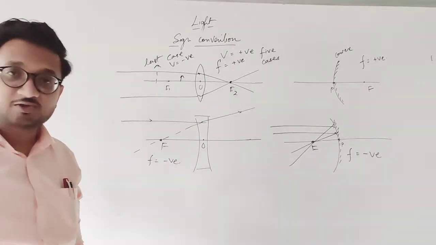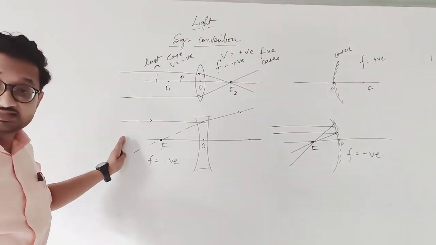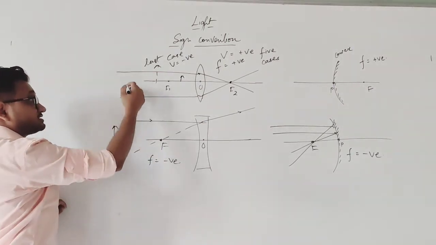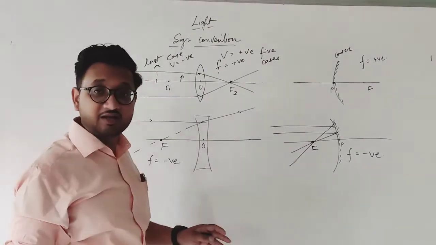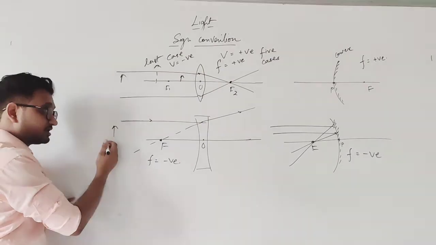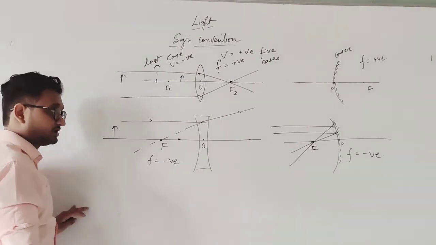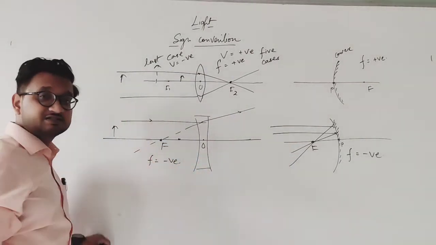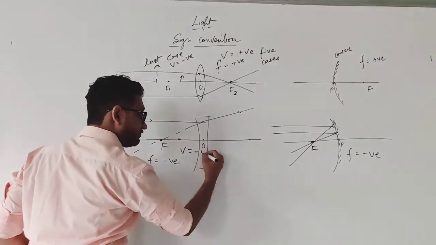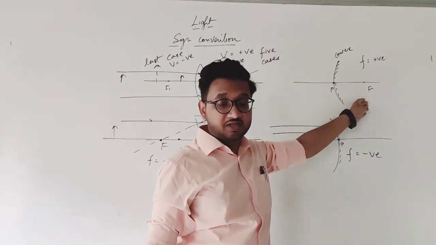I hope it is clear to you, students. And for the concave lens, we know that the object is always on the left hand side, just like for the mirrors and lenses for all the cases. But for this particular case, we know that the image is always between focus and optical center, and there is no image on the right hand side of the concave lens, and therefore v is always negative, just like the convex mirror.